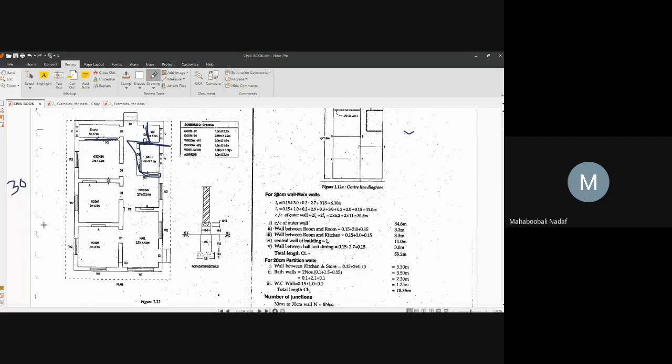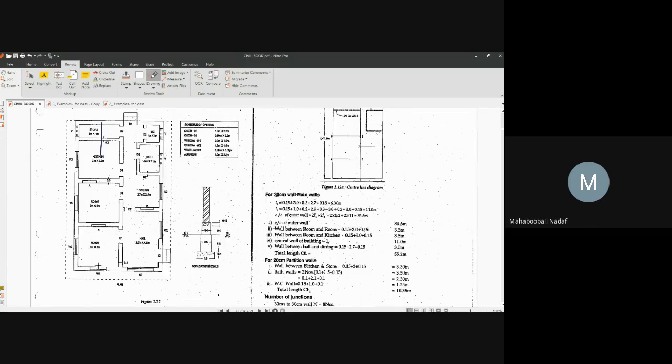Now this wall, longer wall: 0.3 by 2 plus 1 plus 0.2 plus 2.9 plus 0.3 plus 3 plus 0.3 plus 3 plus 0.3 by 2.